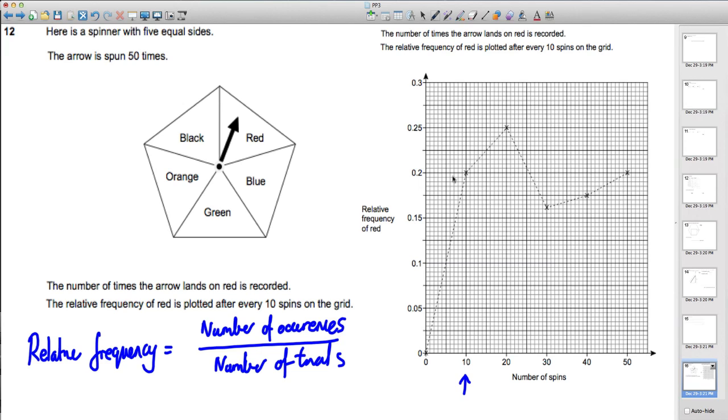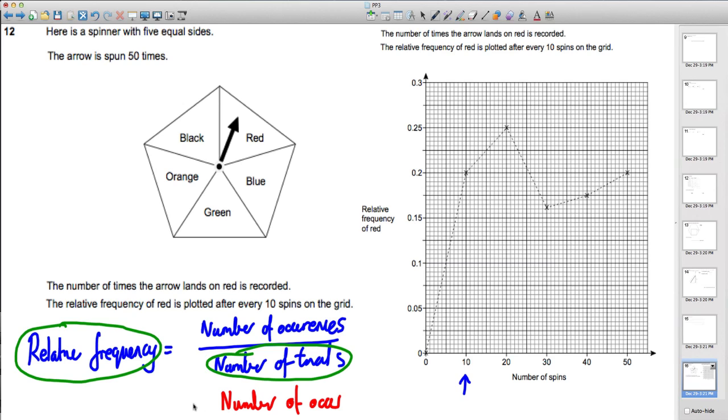Right, so if you know the relative frequency, and you also know the number of trials, then couldn't you work out the number of occurrences by rearranging this formula? So the number of occurrences must be relative frequency times number of trials.